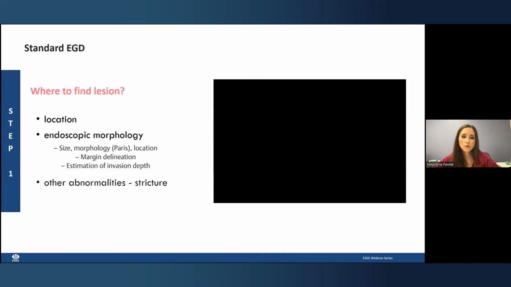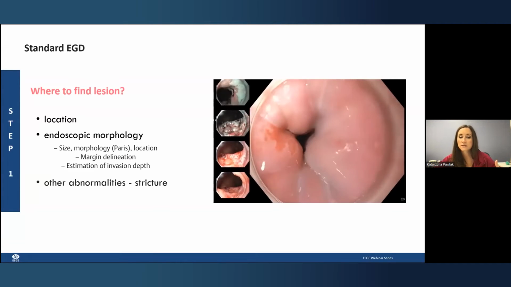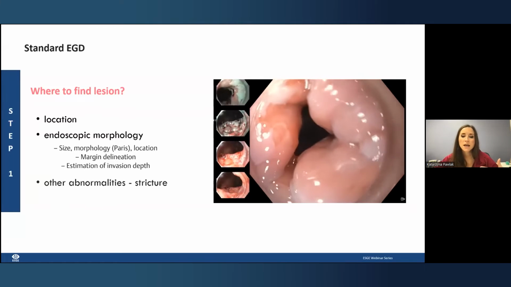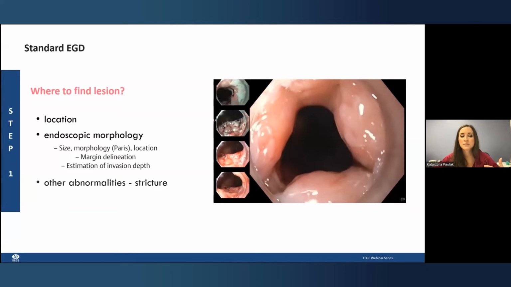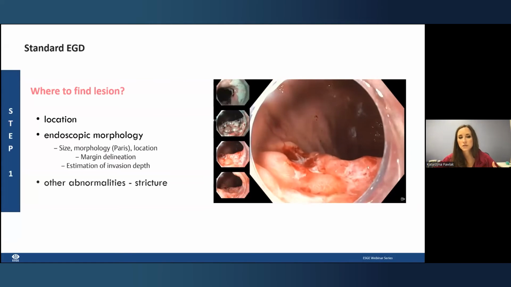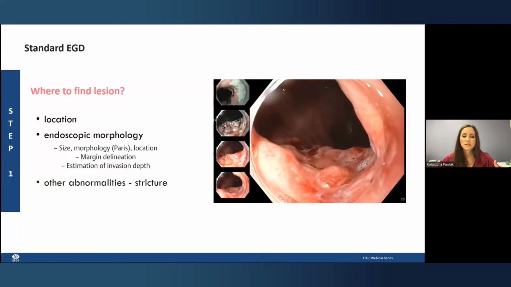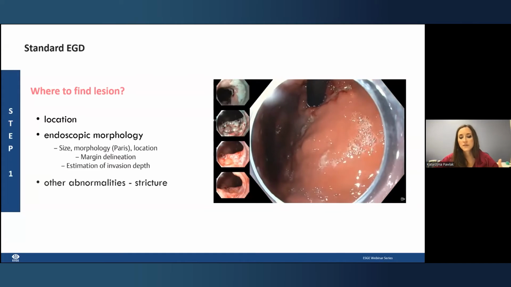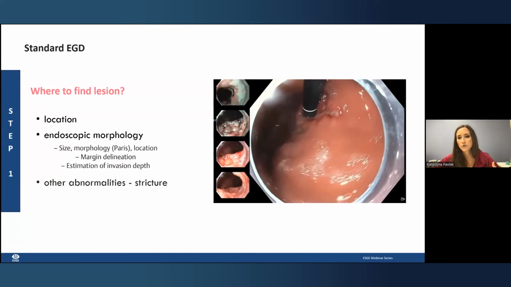And even before we go with EUS, I think the most proper thing is to perform our own assessment by EGD, because patients are referred from different centers. Sometimes the assessment is not like we would like to have. And I think it's important in many different aspects, and also according to ESGE guidelines, that this will determine if we should perform EUS or not.